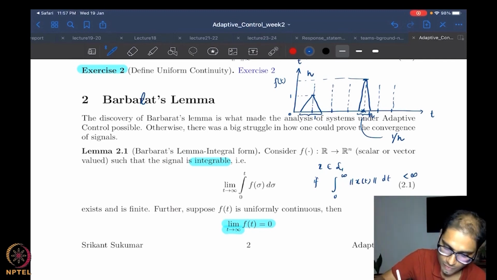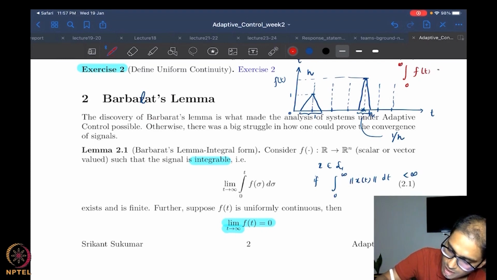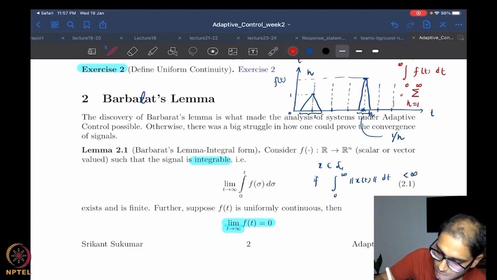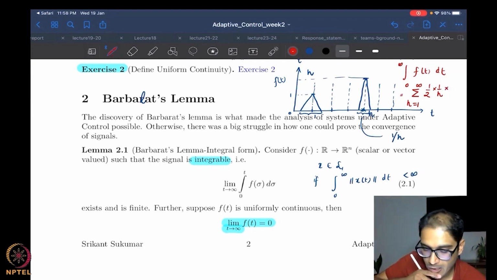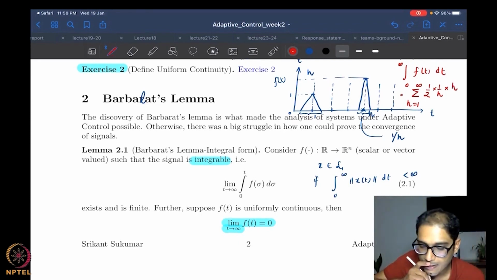So the integral from 0 to infinity of f(t) dt is equal to the summation from h equal to 1 to infinity of the area, which is half times base times height.